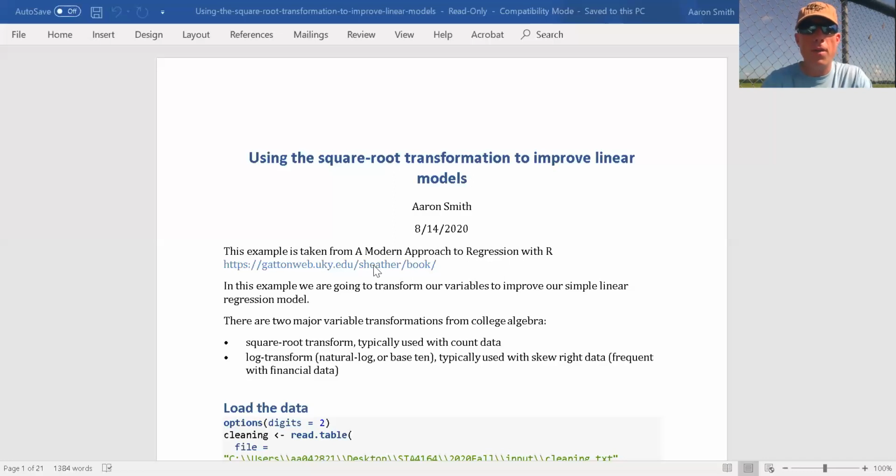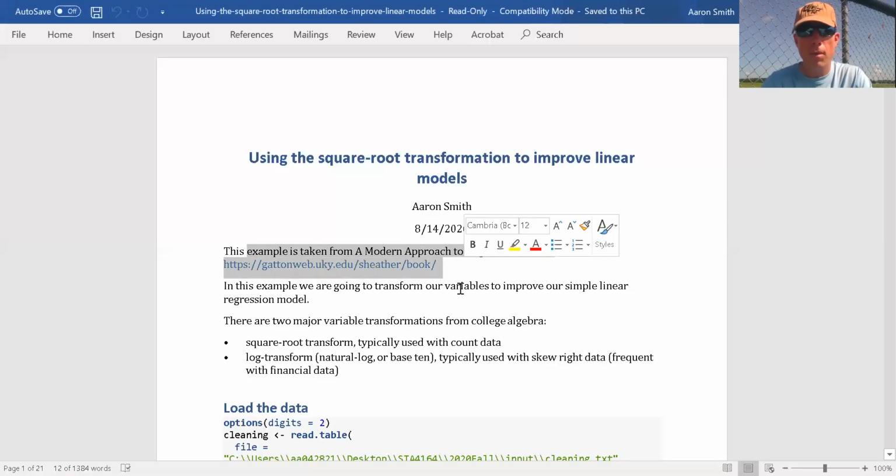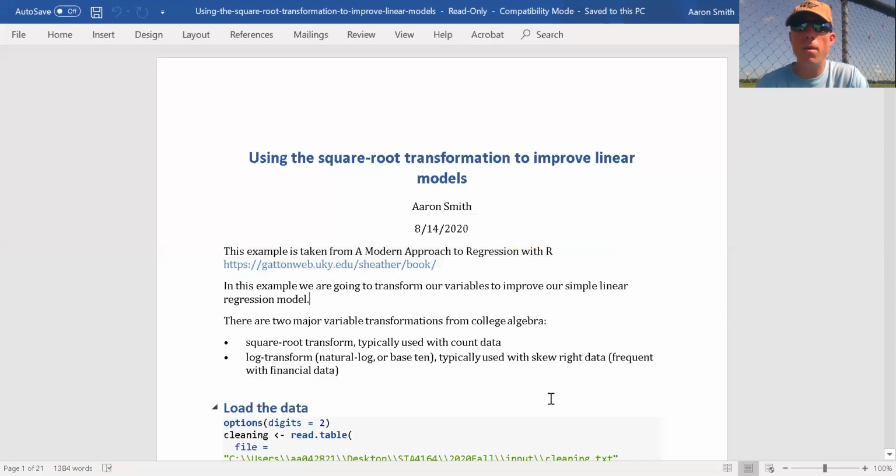All right, so the example we're going to look at today is taken from the textbook website. Now, when I have issues, one of my options is to transform my data. So there are two major ones.